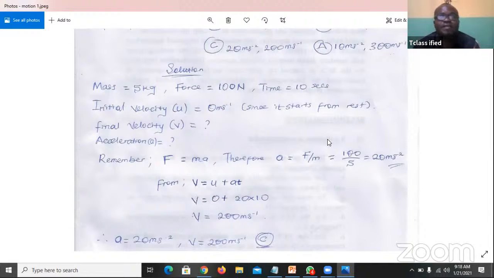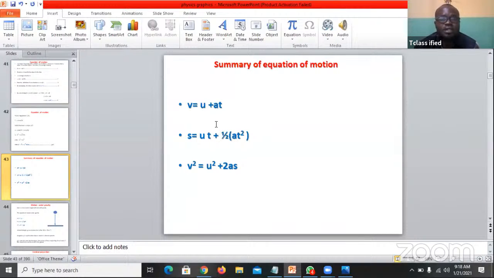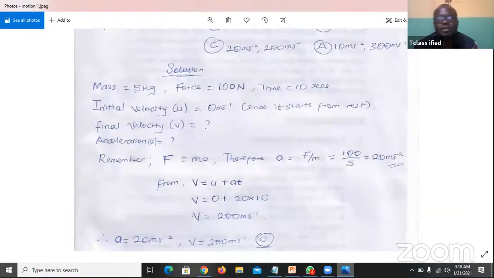Having found the acceleration, the next thing we are looking for is the velocity. So how do we go about finding the velocity? From the formula v equals u plus at, that is the formula we are using. So v is equal to u plus at.